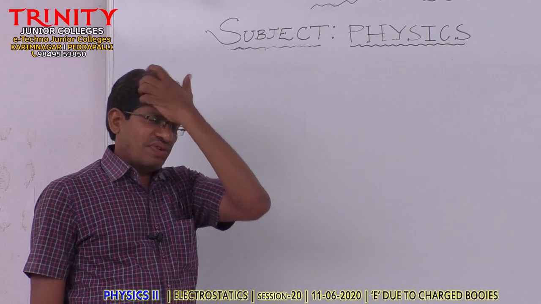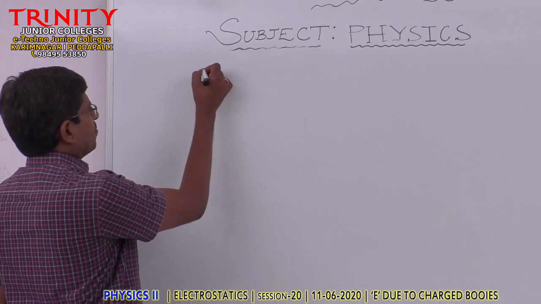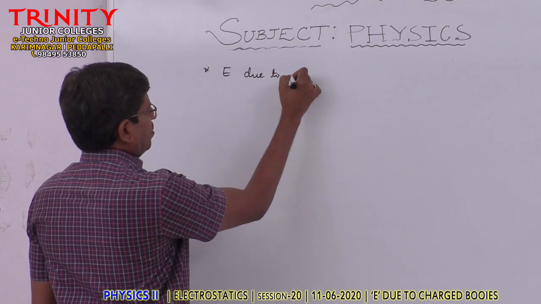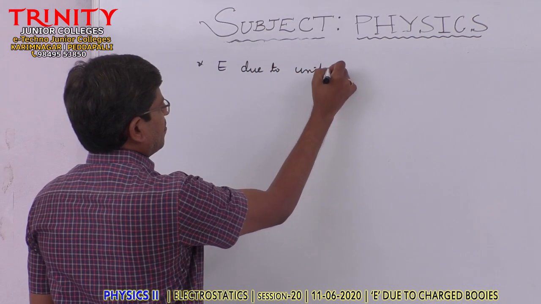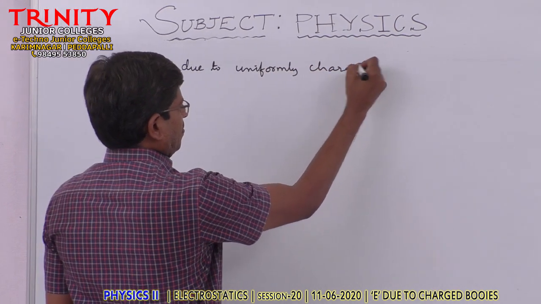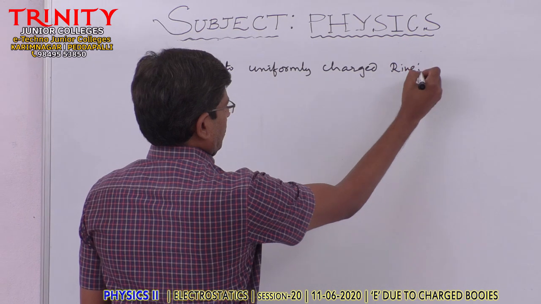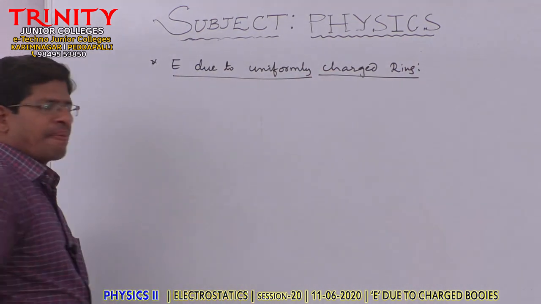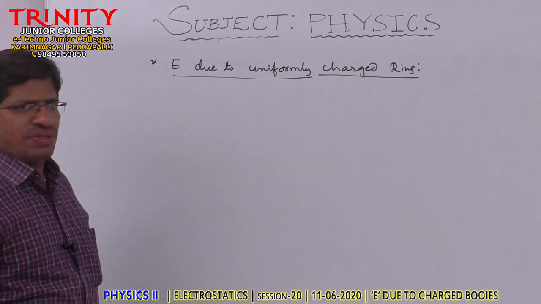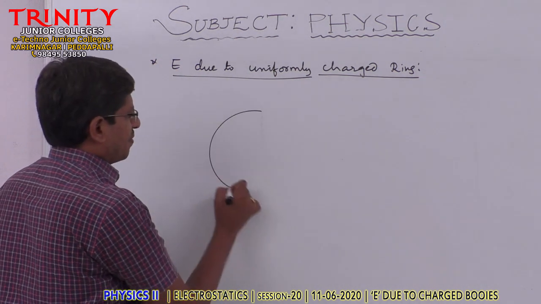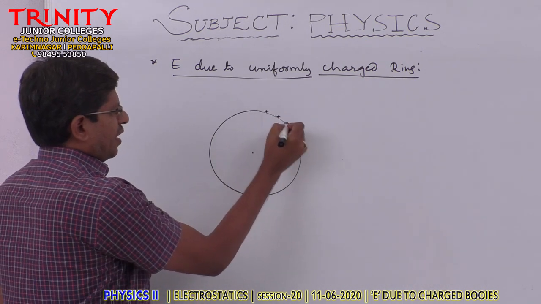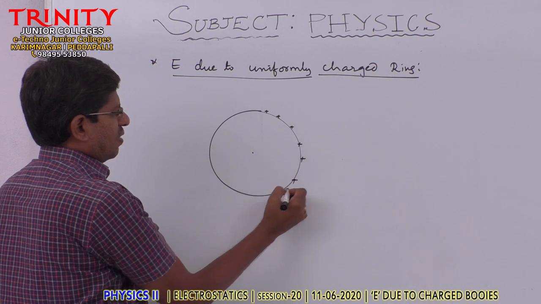The next concept, one more important derivation, is E due to a uniformly charged ring. We are now discussing another charged body, in the shape of a ring, where the charge is distributed like this.